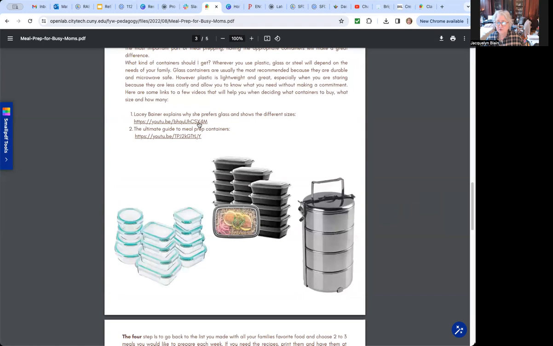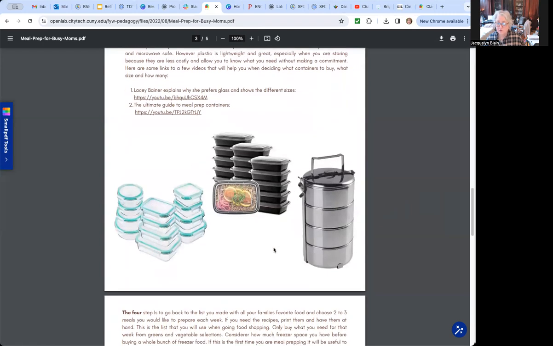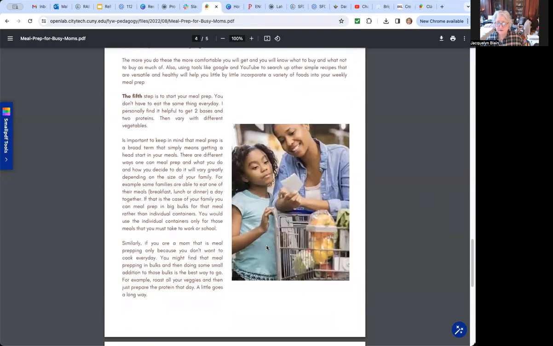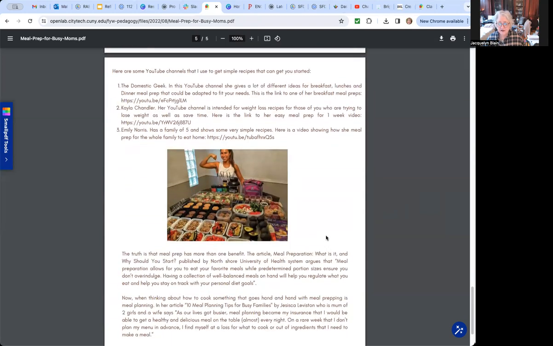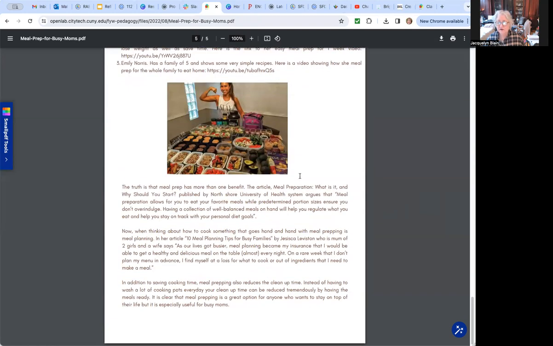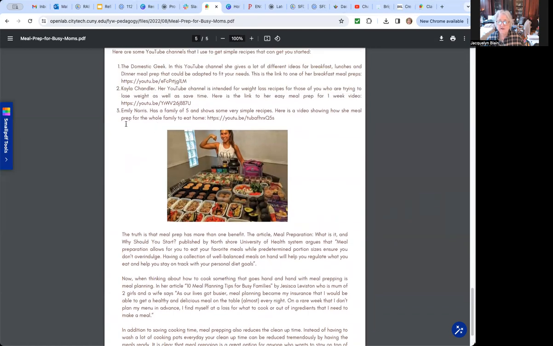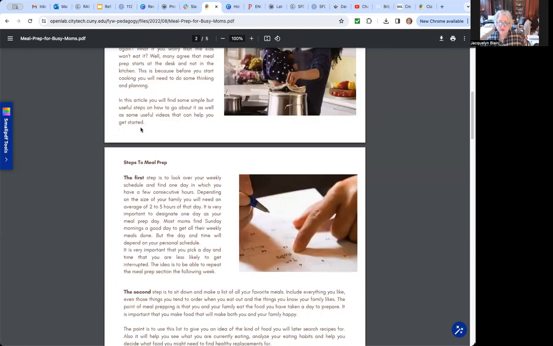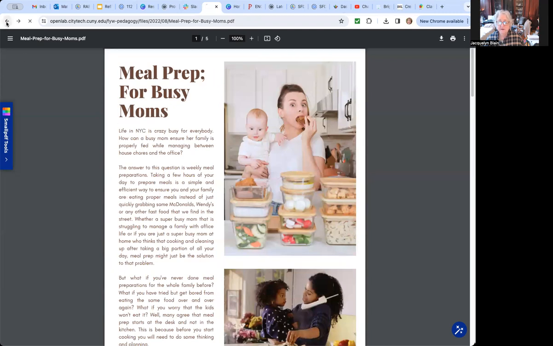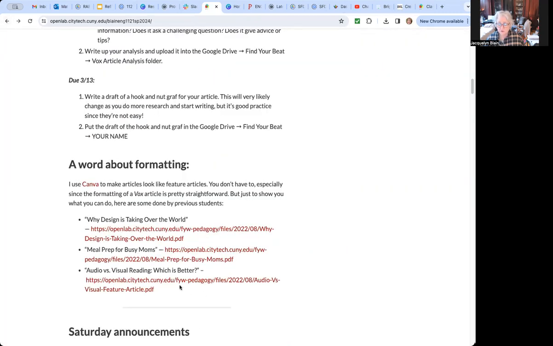Some links out showing you different kinds of things to store meals, and then some more YouTube channels for recipes. It was really comprehensive, a really good idea. And she could have done this in Word, but she chose to put it in Canva, so it looks really nice.